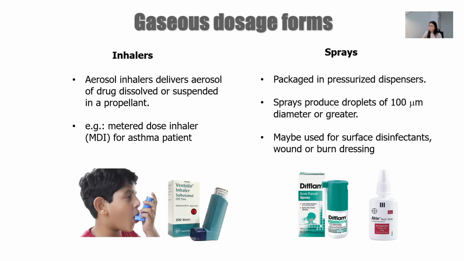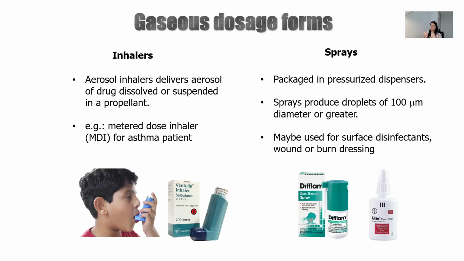Okay, so the last type of dosage form that we are going through in this lecture is what we call gaseous dosage forms. So gaseous means gas. We have mainly two common types of dosage forms that can deliver drugs in gaseous form. One of them is inhalers.